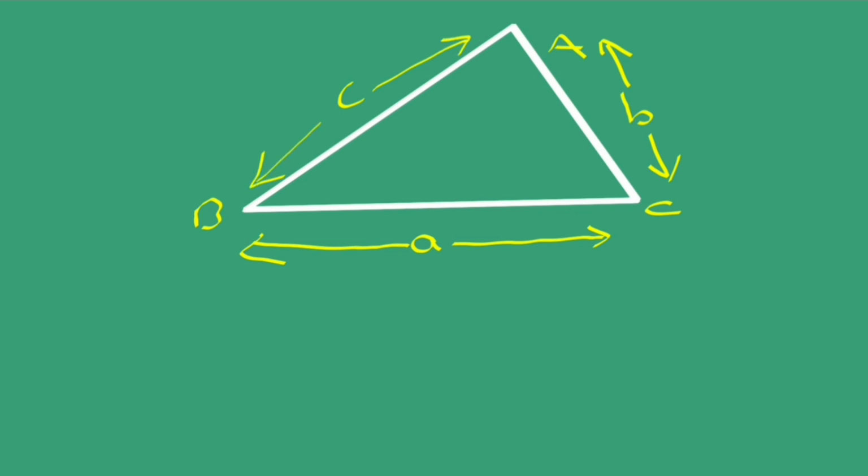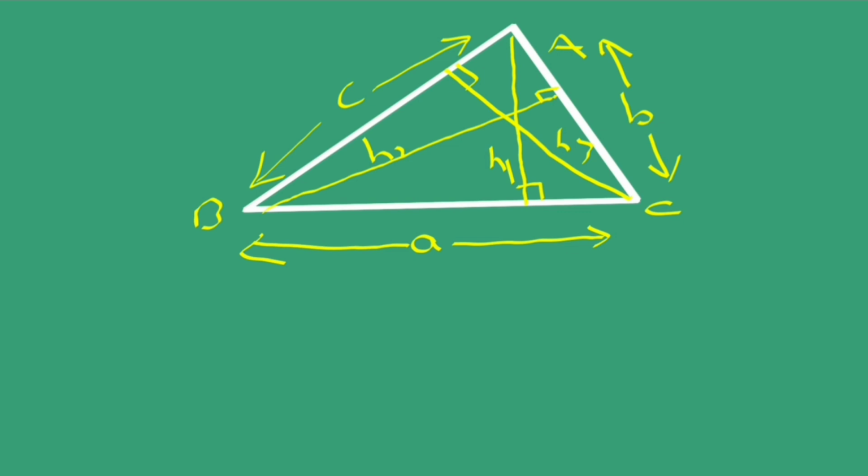This is the first altitude, suppose of length H1. This is the second altitude of length H2, and this is the third altitude of length H3.